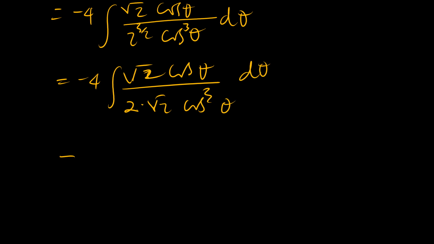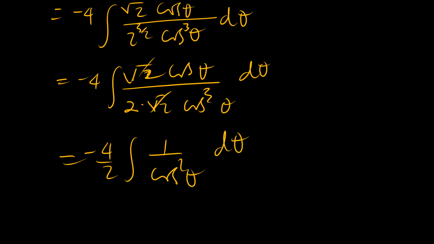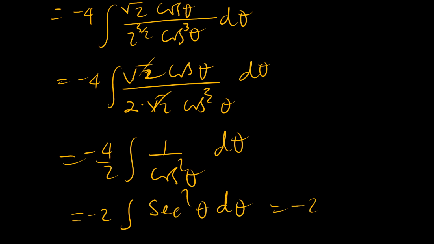So this one and this one cancel, so we have negative 4 over 2, and we have 1 over cos squared theta. So which is now negative 2 times the integral of sec squared theta, which is negative 2 tangent theta plus integration constant. So this is a partial answer.